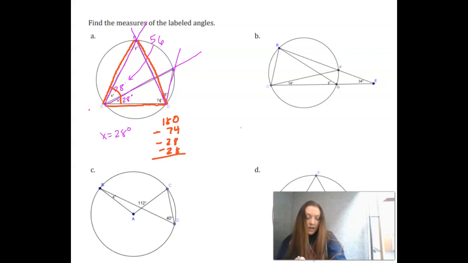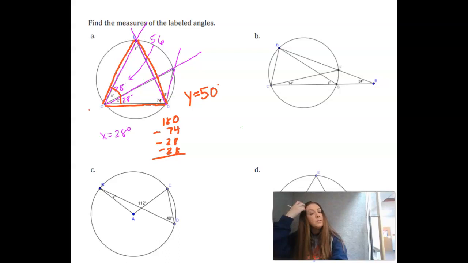And that will leave us our third angle. So we get 180 minus 74 minus 28 minus 28. So I got the y. Okay. And so notice all the labels in the picture were used eventually.